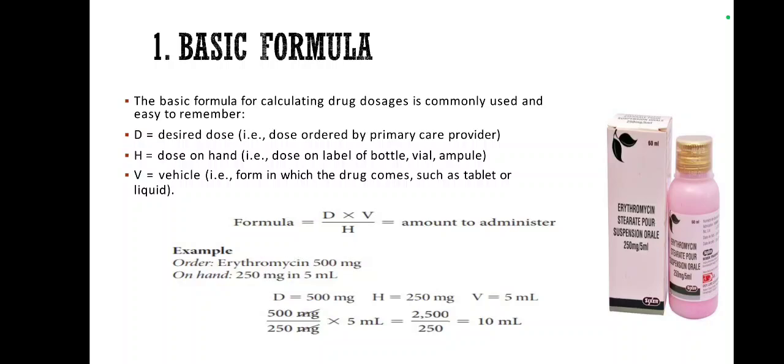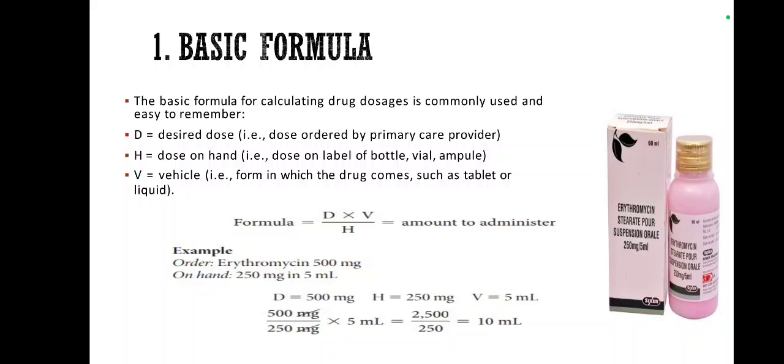Okay, so for example, we have an order of erythromycin 500 mg. The stock on hand is 250 mg in 5 ml. So we use the 500 mg because this is the desired milligram, and then you divide it by 250 mg because that is the stock on hand.